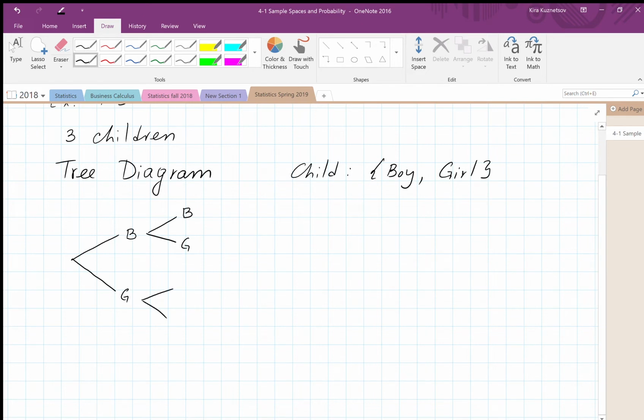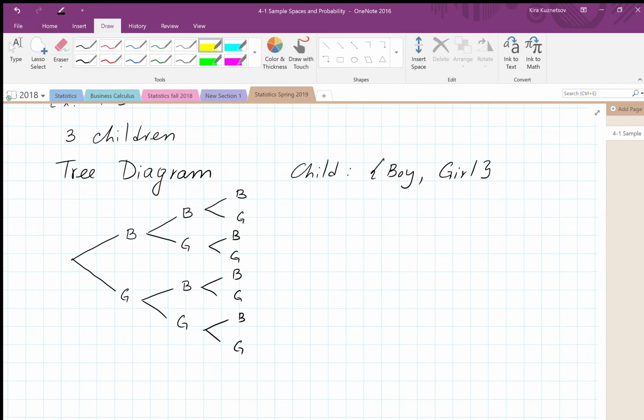Now, if I have a girl, I still have either a boy or a girl. So the probability of having a boy or a girl does not depend on previous children. It is always 50%. And then I have my birth number 3. Boy, girl, boy, girl, boy, girl, boy, girl.